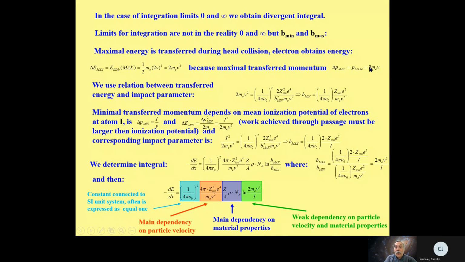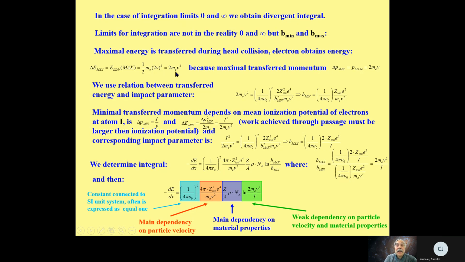That will be 4 m squared v squared divided by 2. 4 divided by 2 is 2, and mass squared divided by mass is mass. v squared will be here, and you will obtain this. Or you can use one half of mass times 2 v squared, and you will obtain this energy.